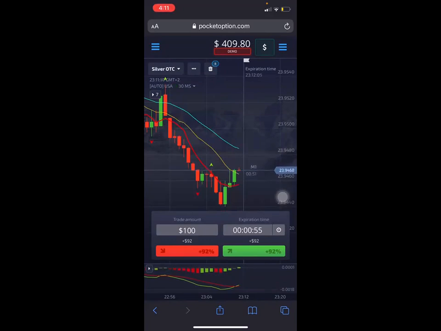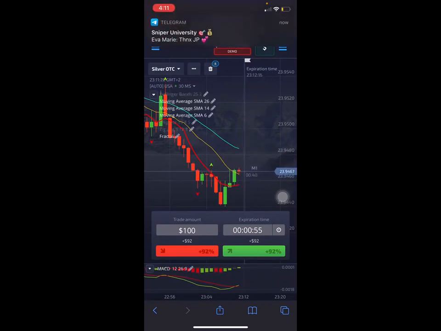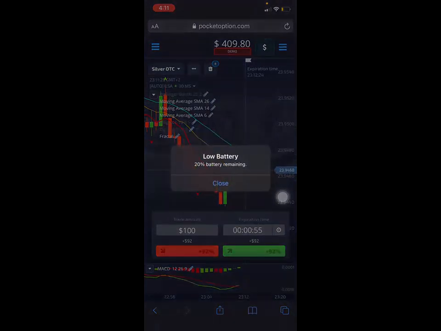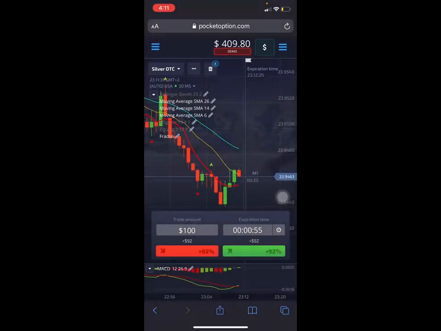I know the steps they told me to use: wait for the cross of the MACD and the cross of the MA, like the 6 MA and the 14 MA, I believe. Once those cross, I enter. But before I enter, I look at the MACD and the MACD candle to make sure it's the right setup. That's how I usually do it.